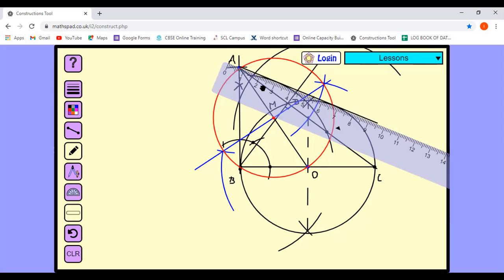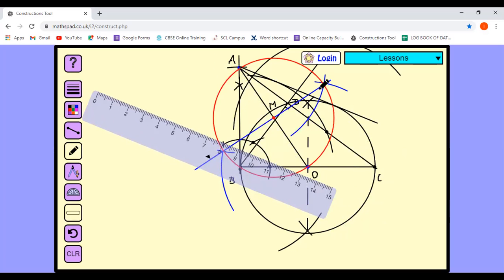All right, so now AB is one of the tangents. You can give any name. I'm going to take this to be AE. So AE and AB are the required tangents for us.